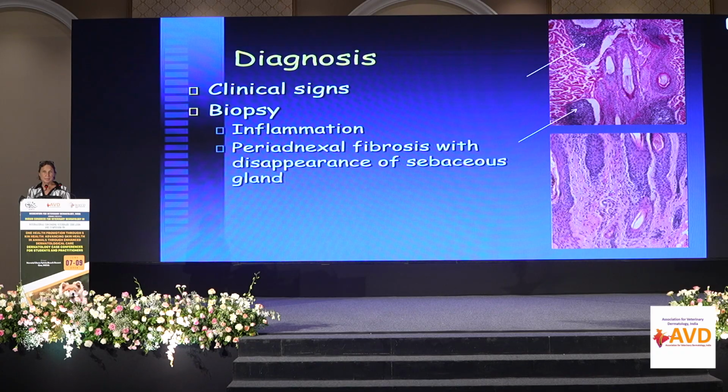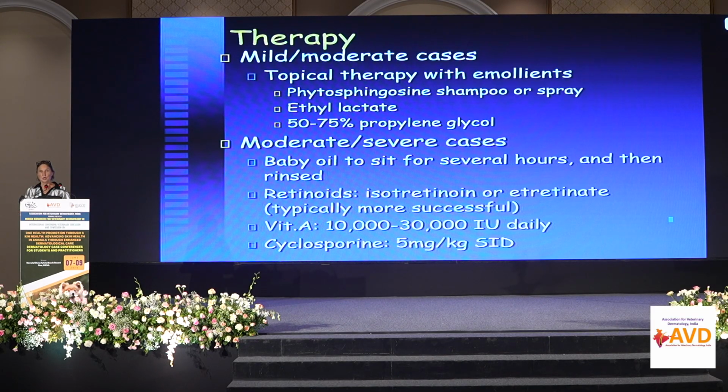The diagnosis is done by biopsy, where you demonstrate there is inflammation that targets the sebaceous glands, or in advanced cases, the sebaceous glands are gone. For topical therapy with moisturizing products, people have done a combination of treatments.